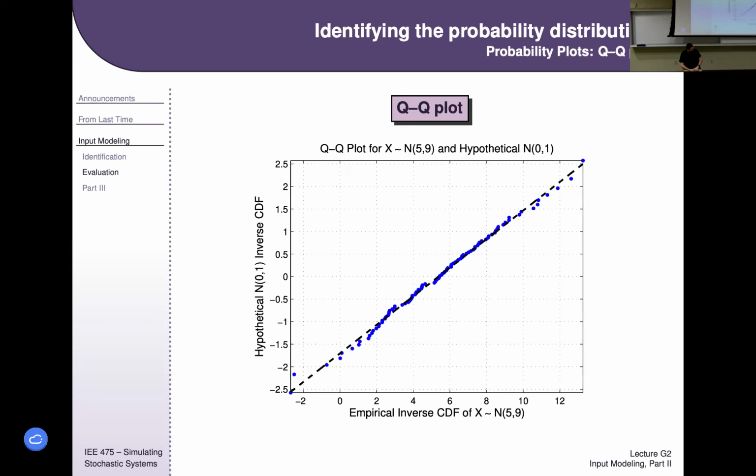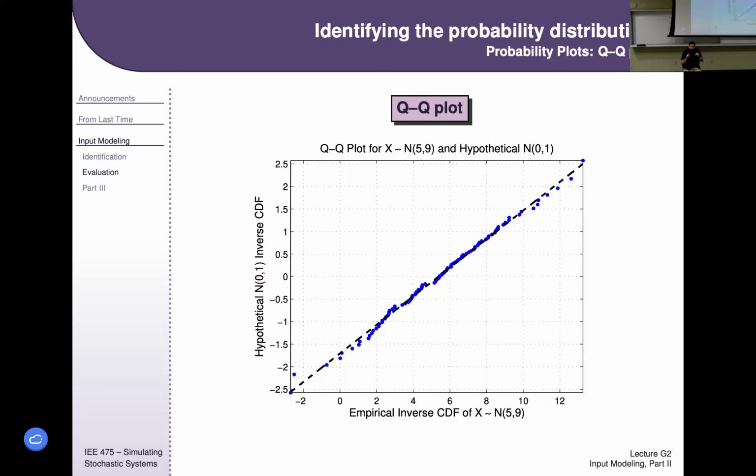So what does that look like? Here's an example where I generated some data. The data I generated were from a normal distribution with a mean of 5 and a variance of 9. But for my hypothetical CDF, I used a standard normal. I plotted all the data that I got on the x-axis, and then I took its normalized rank: its position minus a half, divided by the total number of data. That gave me a number between 0 and 1.